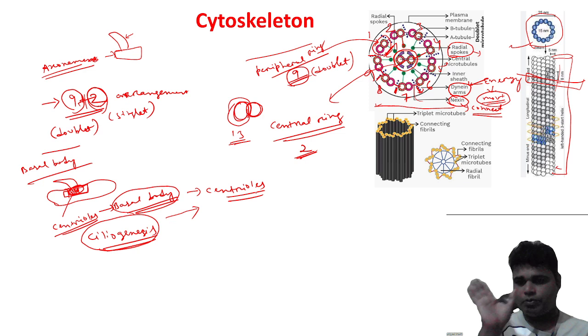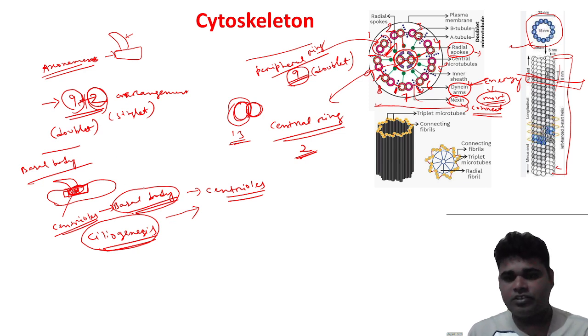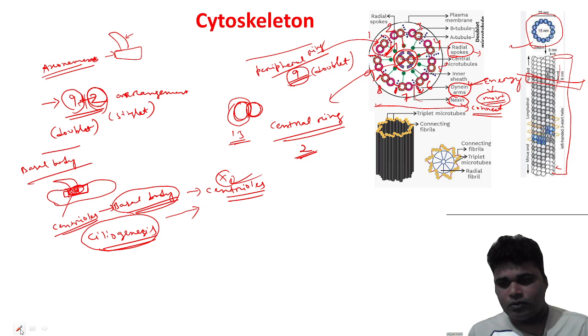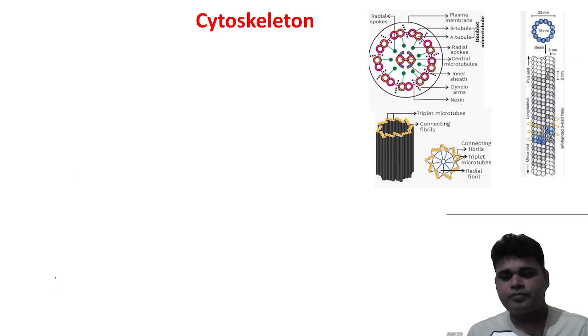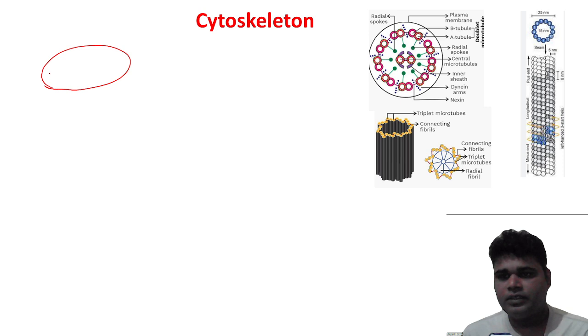So before going to the basal body structure, first we should know something about the centrioles. So what is a centriole? For example, during cell division, in the metaphase stage, the chromosomes are present on the metaphasic plate.